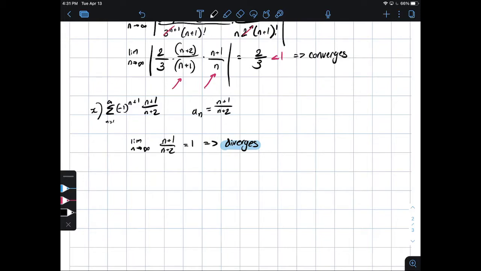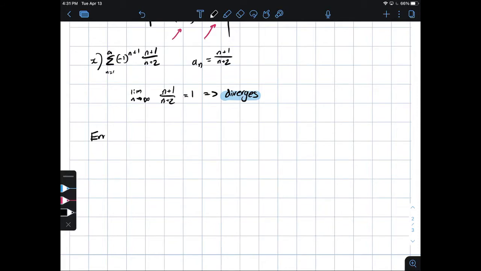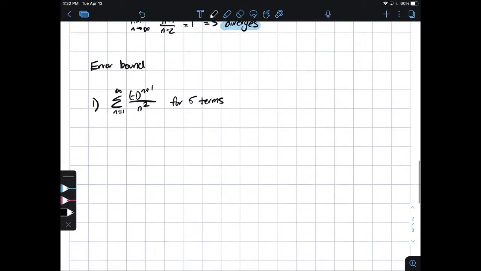Okay, so that's that. Not very difficult. Now let's talk about error bound. This one is a little simple, but that's okay. We have the summation from n equals 1 to infinity of -1 to the n plus 1 over n squared, and we're going to do this for 5 terms. So what's the error?